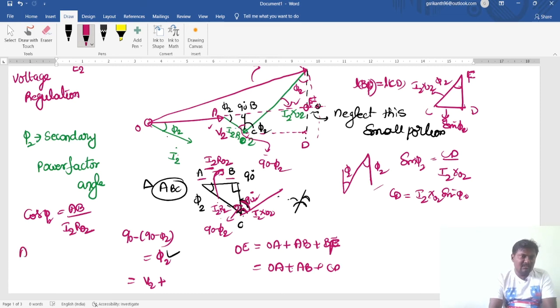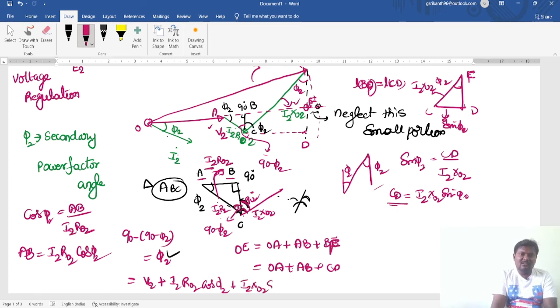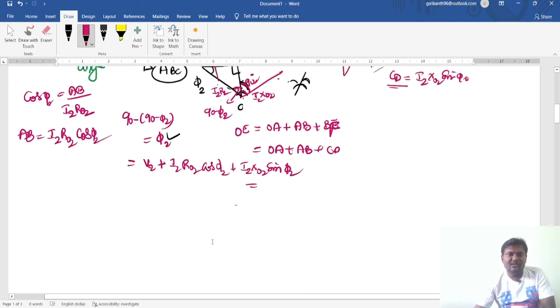The AB is equal to I2 R02 cos phi 2. So now substitute here I2 R02 cos phi 2 plus CD. What is the CD value? We already derived that. That is I2 X02 sin phi 2.